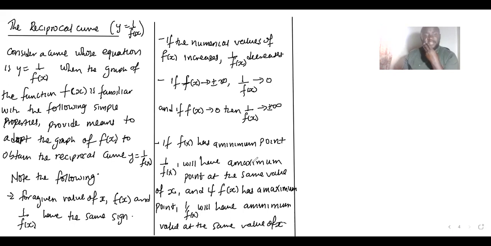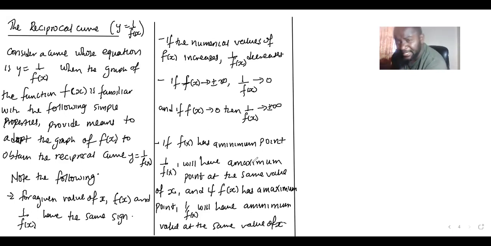1, we have seen that 1 over f of x and f of x have the same sign. 1 over negative 2 is the same sign as negative 2. Then if the numerical value of f of x increases, then 1 over f of x will decrease because the denominator becomes bigger. A bigger denominator brings about a smaller value.